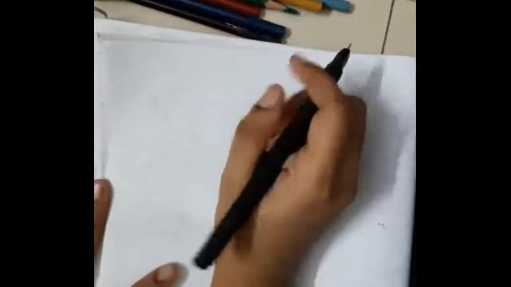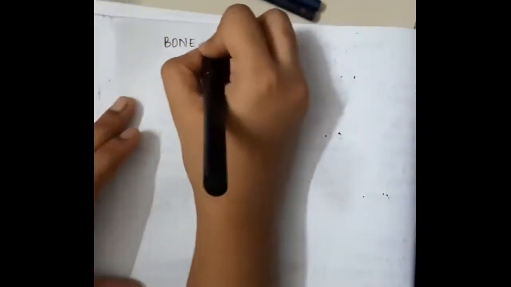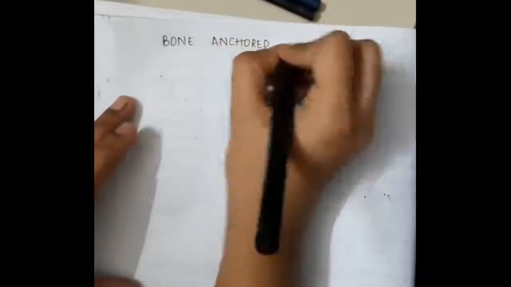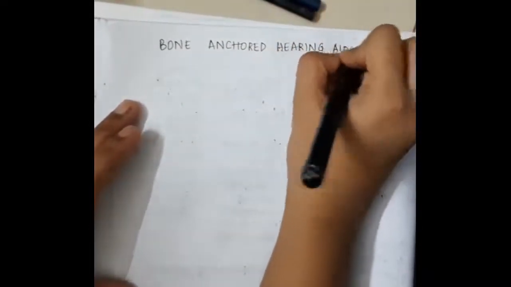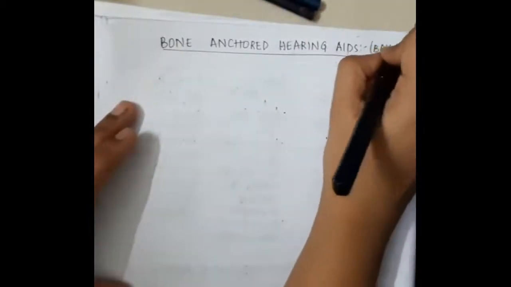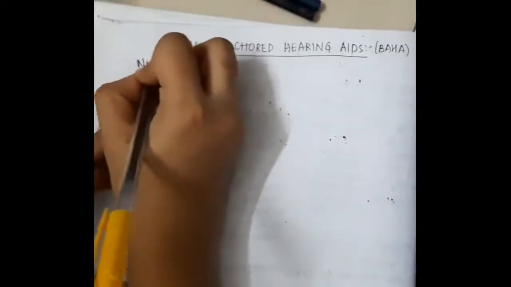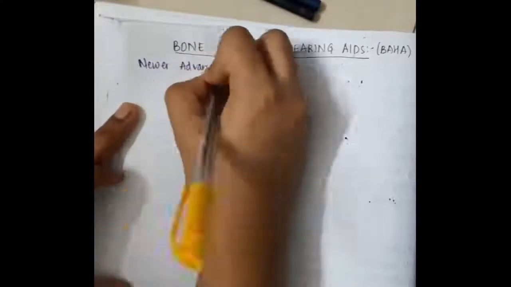Then the next important thing is bone anchored hearing aids. This is a newer advanced hearing aid.